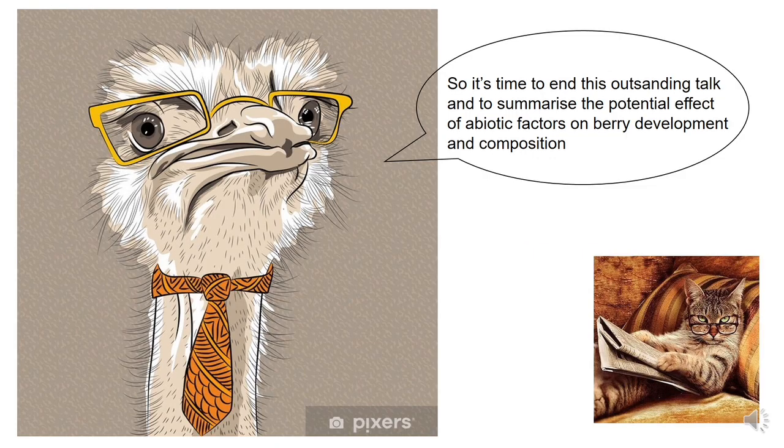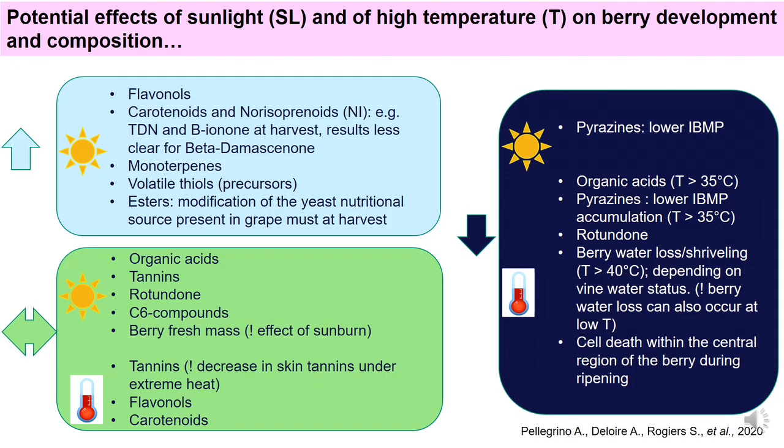It's time now to end this talk, and I will try to summarize some take-home messages within a few slides. This slide is summarizing many years of research on the effect of sunlight and temperature at the fruit zone level on fruit growth and composition.